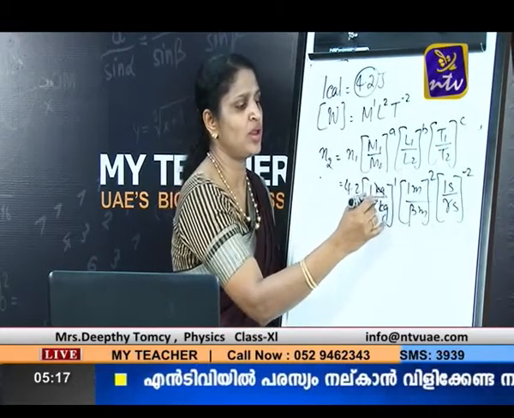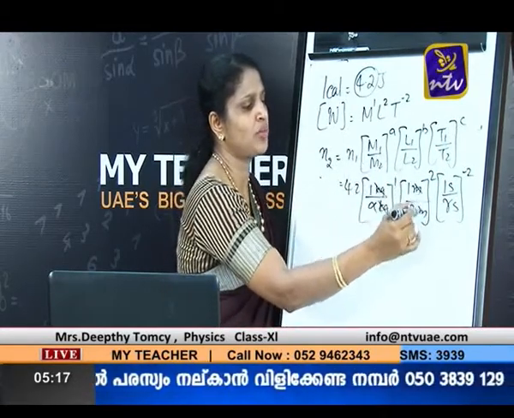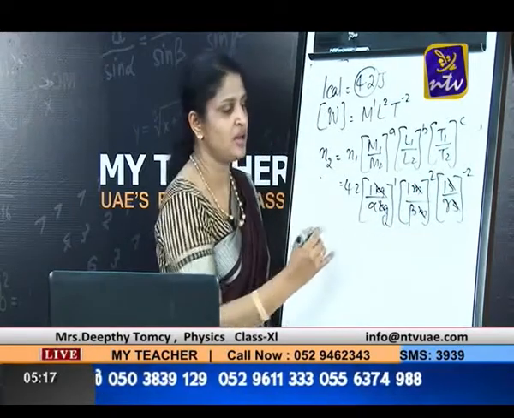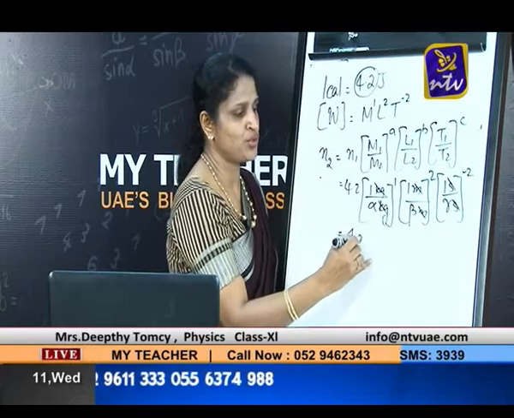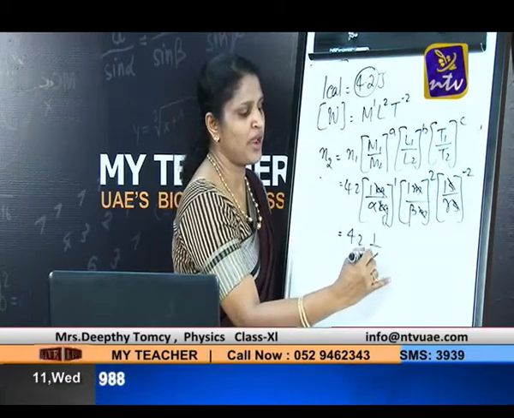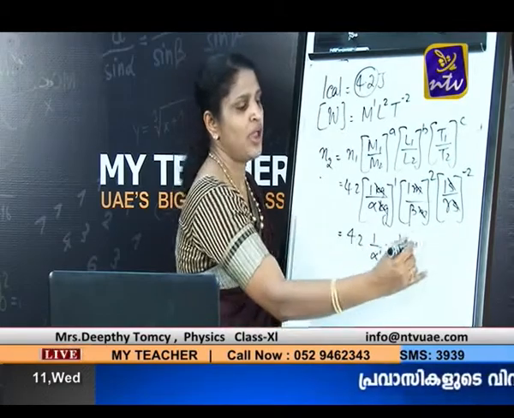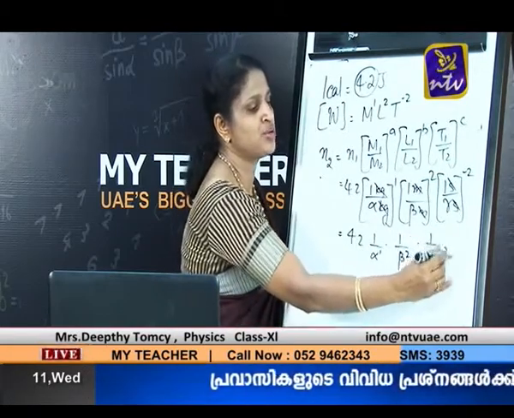Kilogram and kilogram get cancelled, meter and meter get cancelled, seconds and seconds get cancelled. So you get 4.2, 1 divided by alpha raised to 1, 1 divided by beta raised to 2 and 1 divided by gamma raised to minus 2.